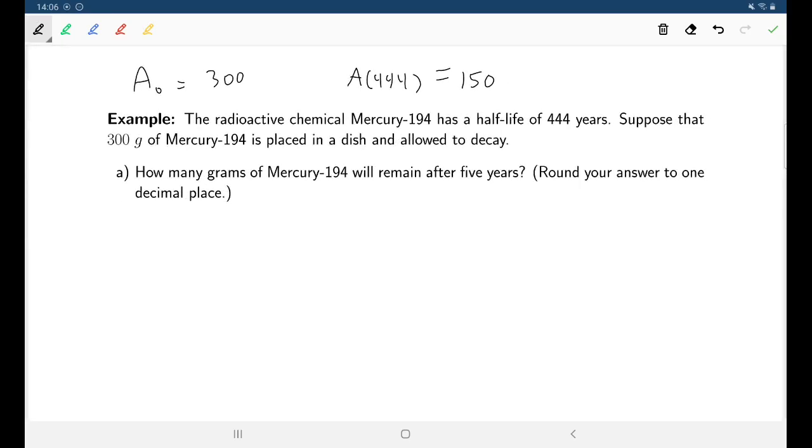So we're going to use that to come up with our decay constant. We know the amount at time t is our initial amount, e to the kt. And we also know that we'll have 150 grams when time is 444.